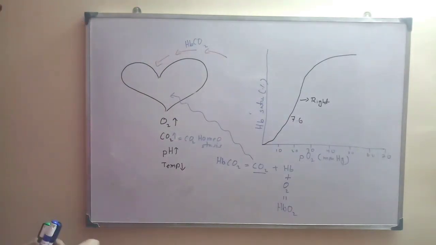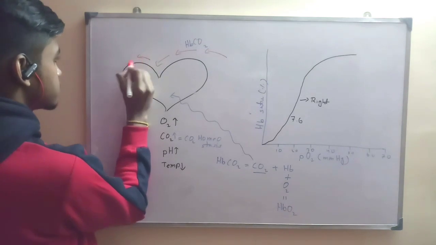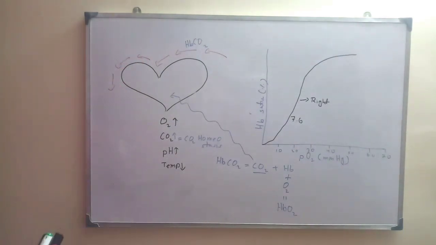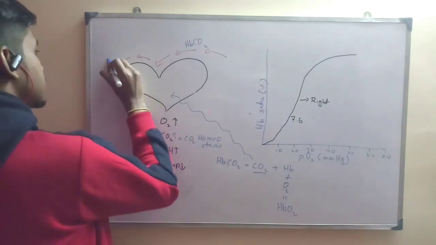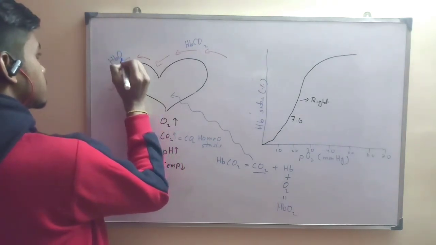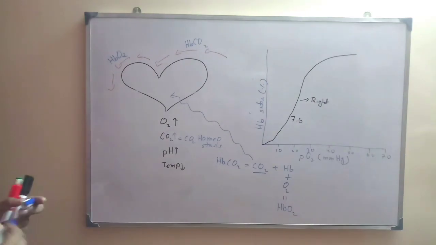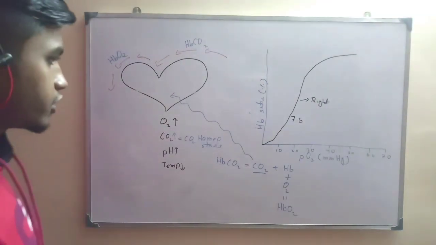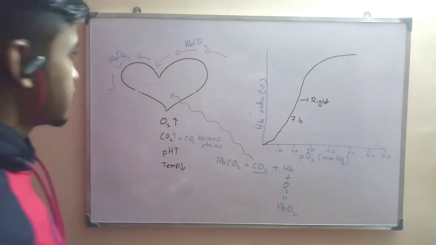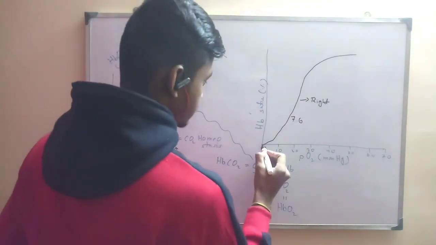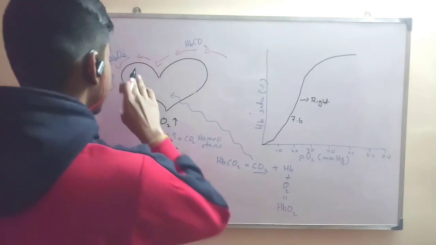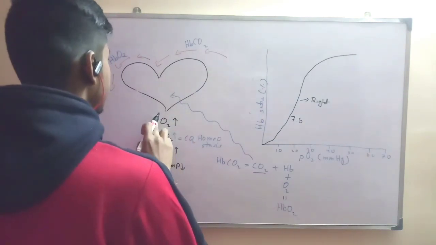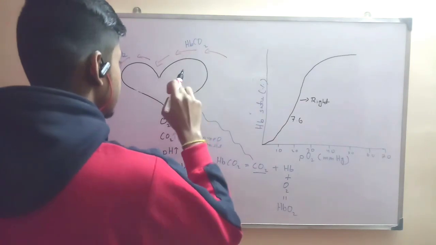Then when the blood starts to circulate, the blood will carry HbO2. So this is the scenario. And if we plot a graph again, in this case the O2 which is present in the heart is decreasing and the CO2 level is increasing.